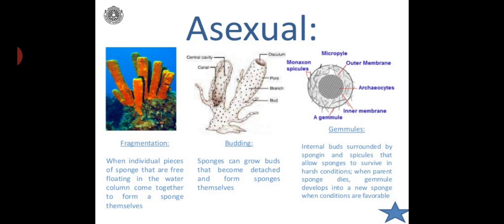And in the middle diagram you see budding. Sponges can grow buds that become detached and form sponges themselves. And on the right hand side of this slide you observe the gemmules, and as I explained earlier, these gemmules are covered by a tough resistant covering having outer membrane and inner membrane, and between which there will be the impregnation of different varieties of spicules, particularly the monoaxon spicules.